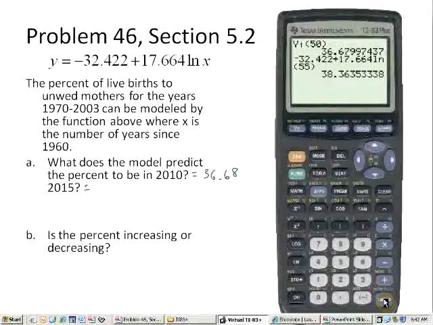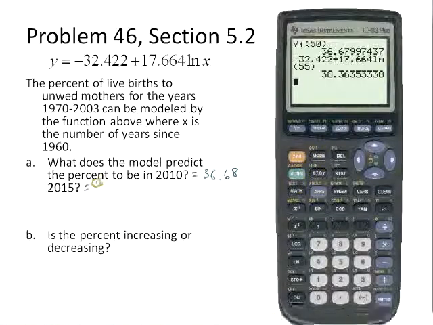Our answer for this one is about 38.364 if we keep 3 digits, or if we only keep 2 digits, this would be 38.36. And so these are our answers for part A of this problem.